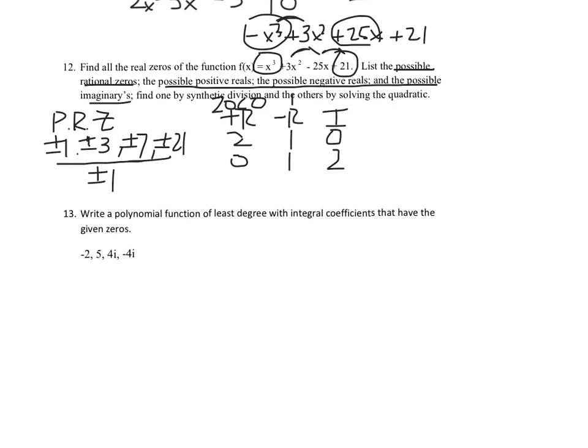Then finding one by synthetic division, the others by solving the quadratic. You could graph this on your calculator or device and find out where it crosses 0, or you could just use synthetic substitution until you find one that works. To start out with here, let's try positive 1.